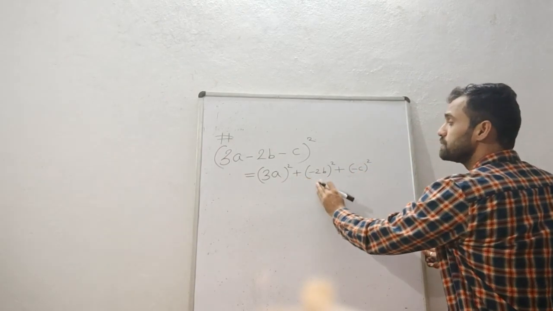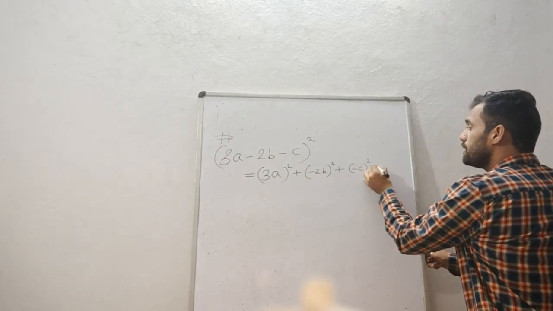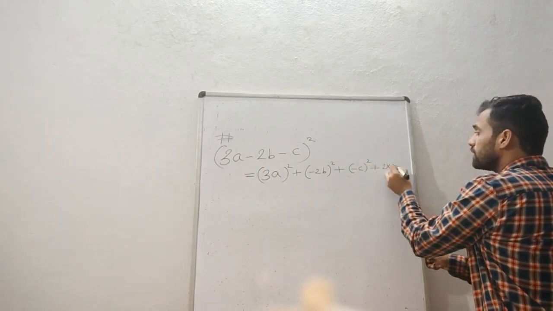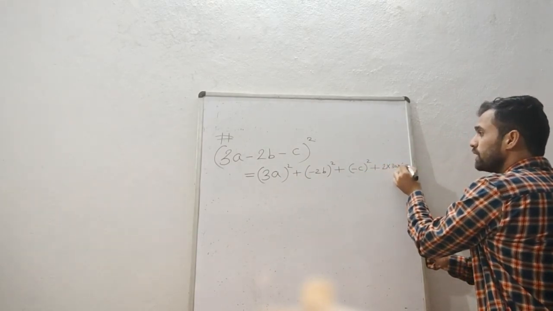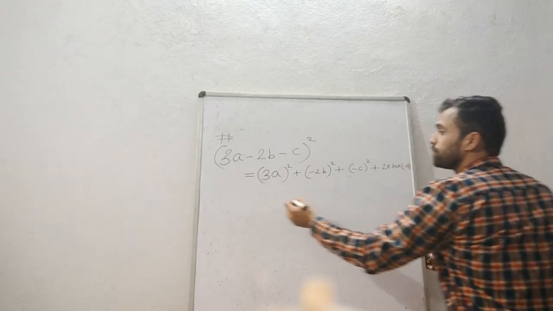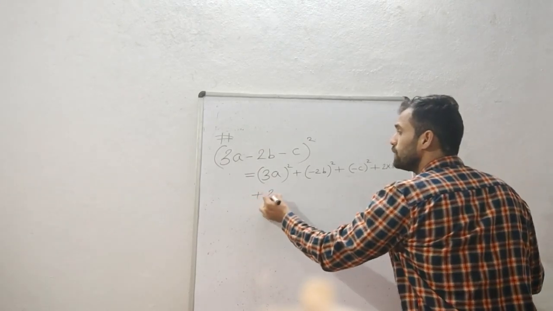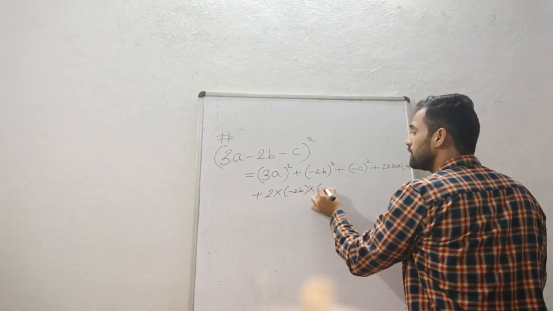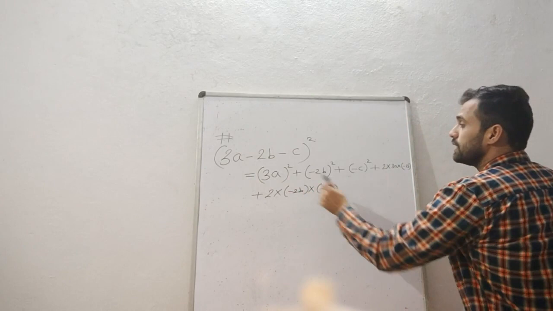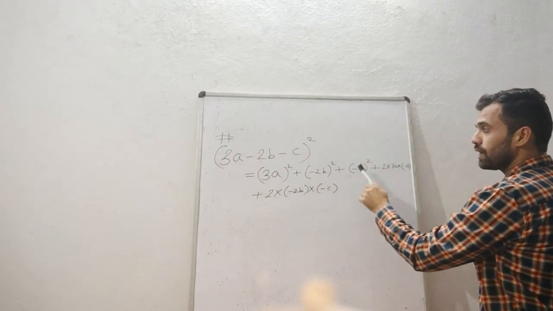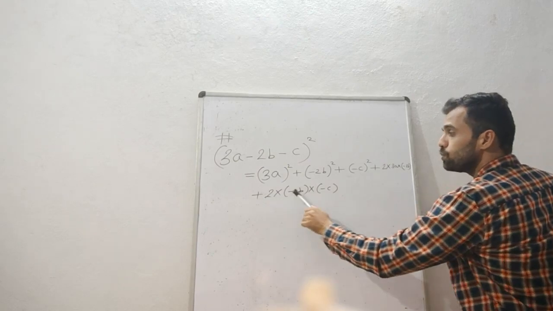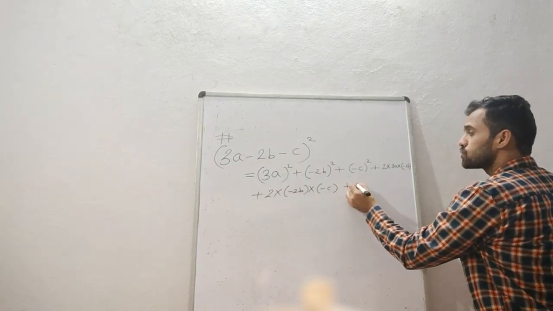a square plus b square plus c square plus 2ab plus 2bc plus 2ca.